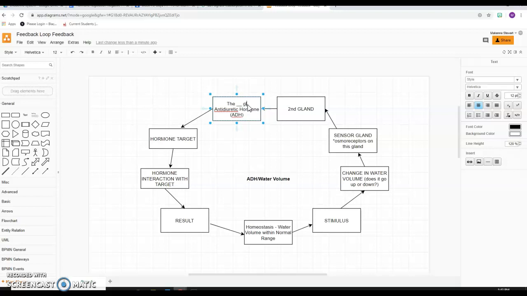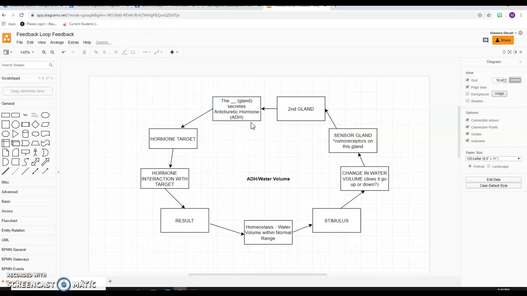So the blank, which is the gland, secretes antidiuretic hormone, or ADH. So from here, what is the target of ADH? Where is ADH going? What's the target? It's an organ. So what's ADH's target organ? This is on your hormone axes, if you need to take a look at that.